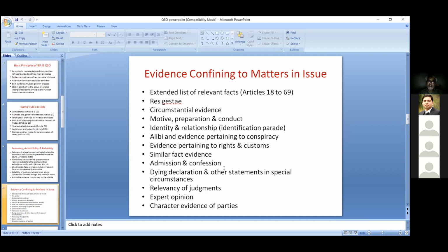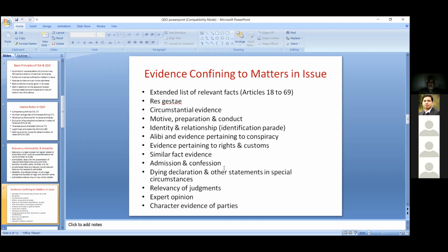So when we say that opinion evidence can only be presented as an exception, it must be connected to a specific provision of law. Expert evidence is allowed in those cases where the law has provided an avenue to entertain the expert, because those are the cases in which the court may not reach an appropriate conclusion without the assistance of an expert witness. That's why this is allowed exceptionally.